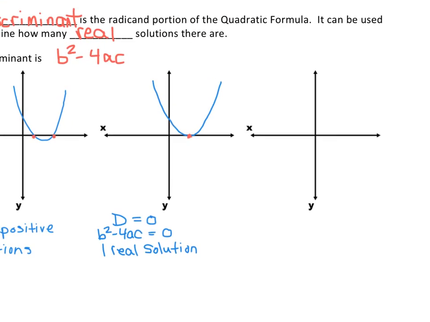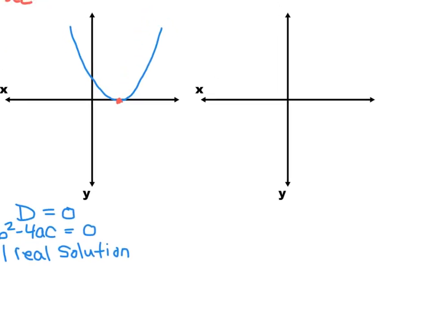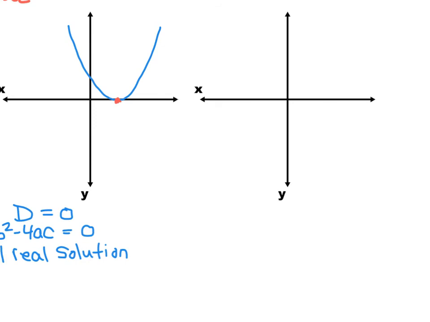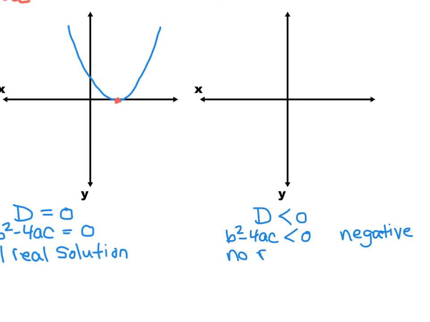And the last scenario would be if the discriminant is negative or less than 0. So if D is less than 0, if b squared minus 4ac is less than 0, and I'll just put over here negative, then we are not going to have any real solutions. So there's no real solutions, because if we take the square root of a negative number, we're going to end up with imaginary.